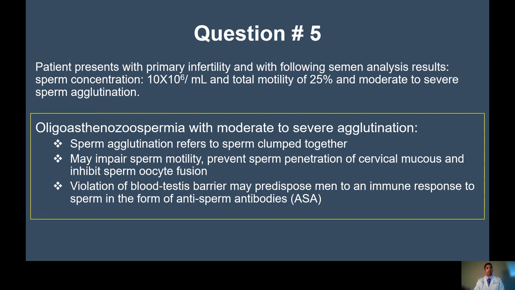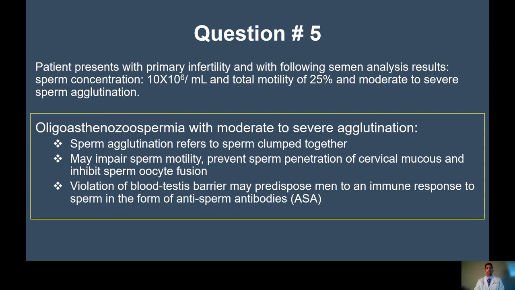Another common clinical scenario that I encounter is a patient with oligoasthenozoospermia with moderate to severe agglutination. As was discussed in the previous lecture, sperm agglutination refers to sperm being clumped together. This process may impair sperm motility and prevent sperm penetration of the cervical mucus and inhibit sperm oocyte fusion.